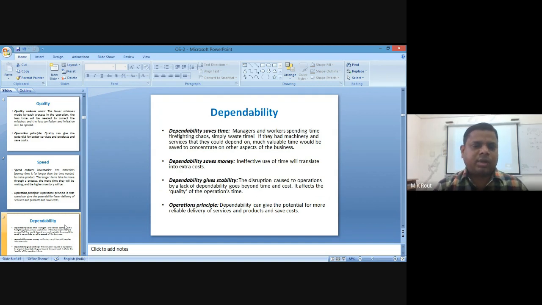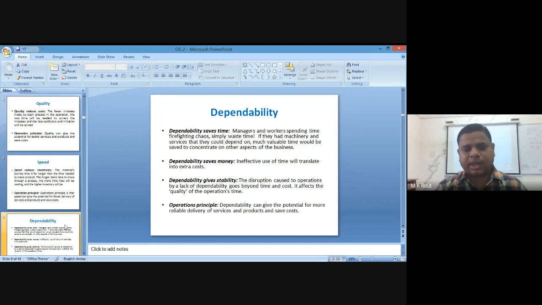Then moving to the next one, dependability gives stability. The disruption caused to operations by a lack of dependability goes beyond time and cost. It affects the quality of operation time. So whenever you find any kind of disturbance or distortion, suppose in logistic operations, in planning and coordinating or scheduling of any job, the dependability goes beyond saving time and cost.